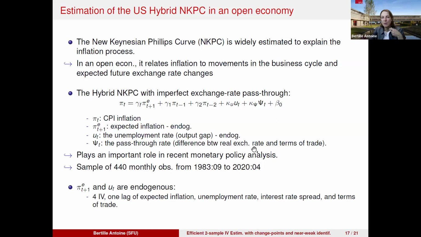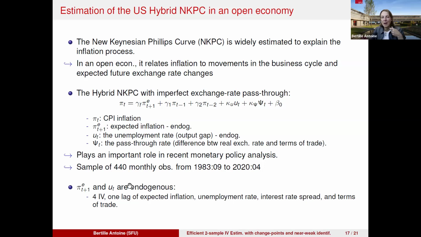That is the difference between the real exchange rate and terms of trade. It's important to understand how these different slope parameters relate to each other and what would be an important channel for possible monetary policy and its effectiveness.